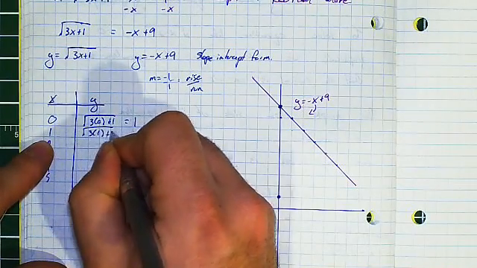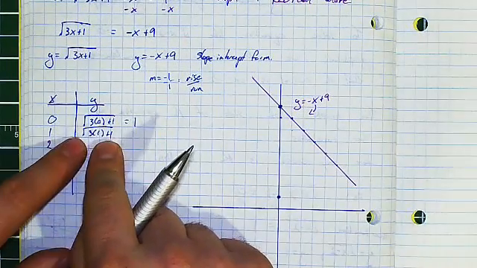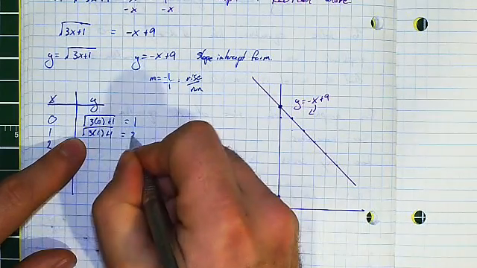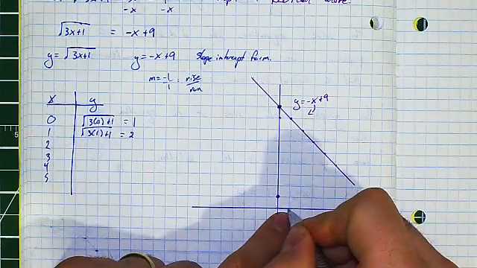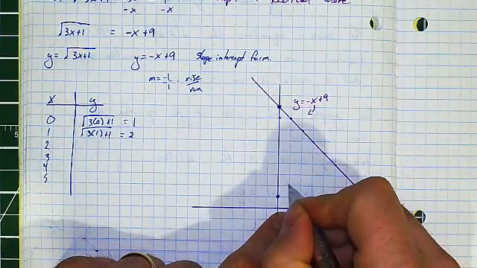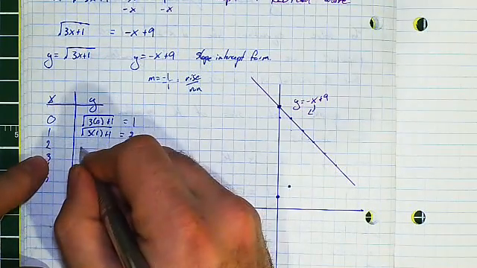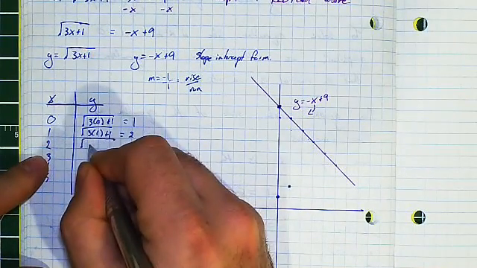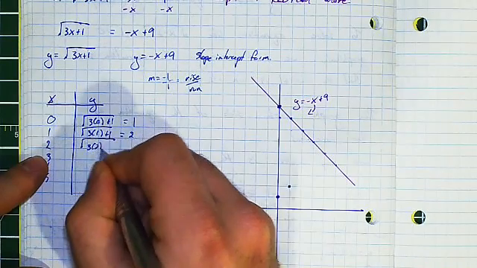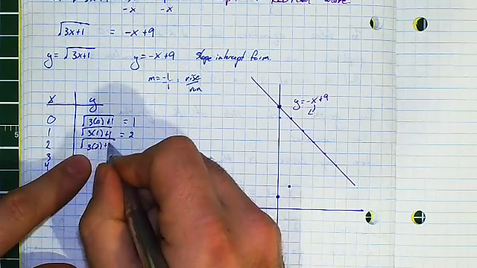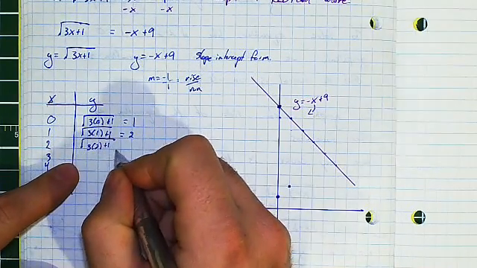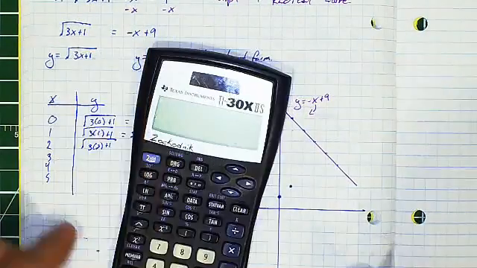Do the same thing. 3 times 1 plus 1, so what is the square root of 4? The square root of 4 is 2, so when x is 1, my y is 2. I'll do it for 2 as well, so 3 times 2 would be 6, plus 1 is 7, the square root of 7.